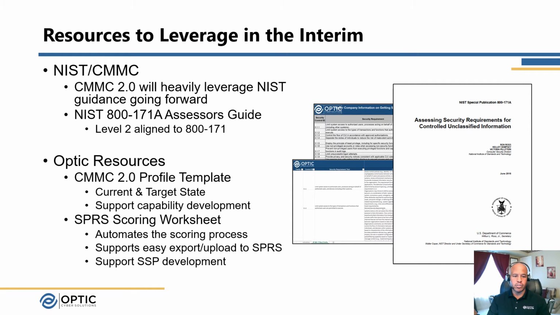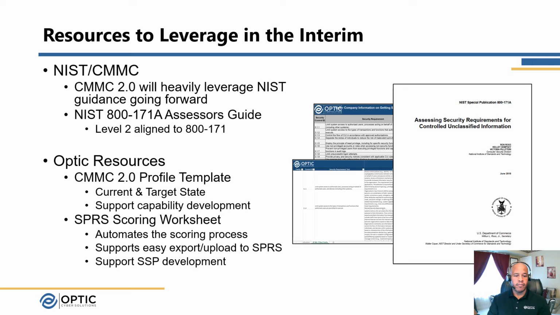Level 2 is aligned directly with NIST 800-171, so organizations can use the NIST 800-171 assessor's guide to prepare for your practices. Within that assessor's guide, you'll know the types of objectives that assessors will be looking for, so you can build your capabilities and practice to ensure that you're addressing those types of requirements.